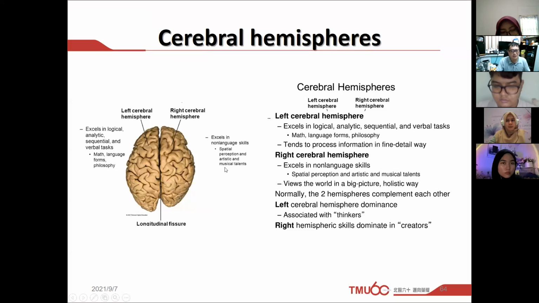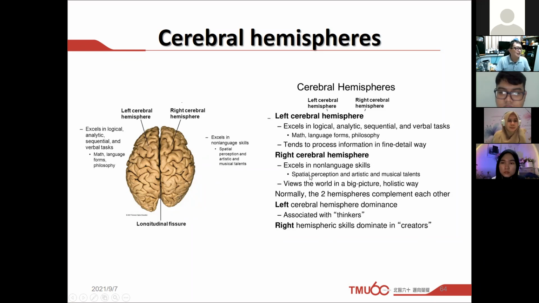When you open up the skull, we can see the cortex divides into two parts, right and left. Each part gives a different specialization. For example, the left is for skills like math, science, calculation.